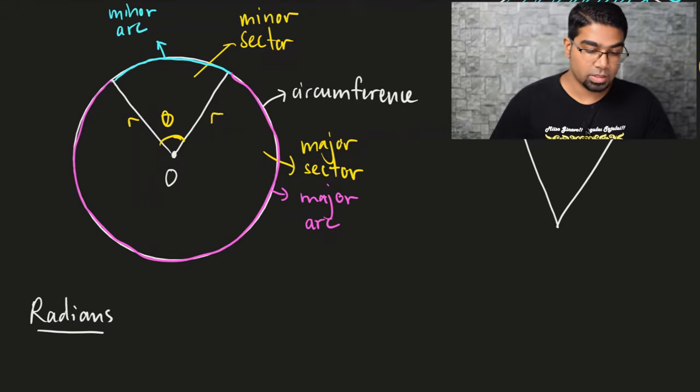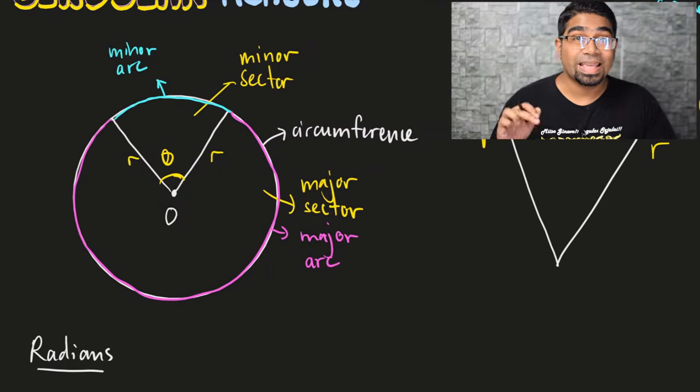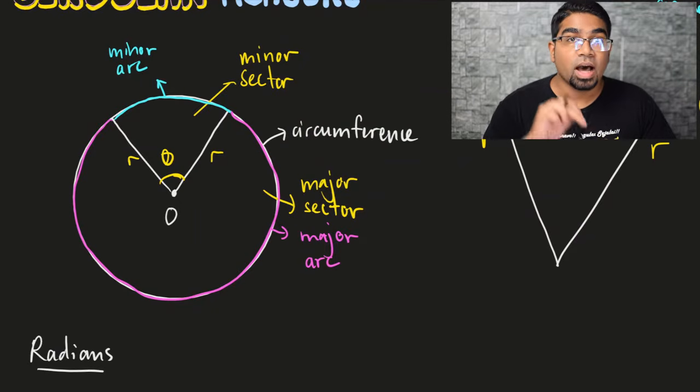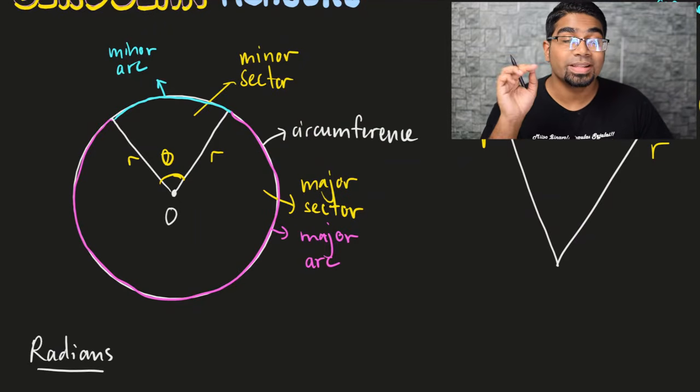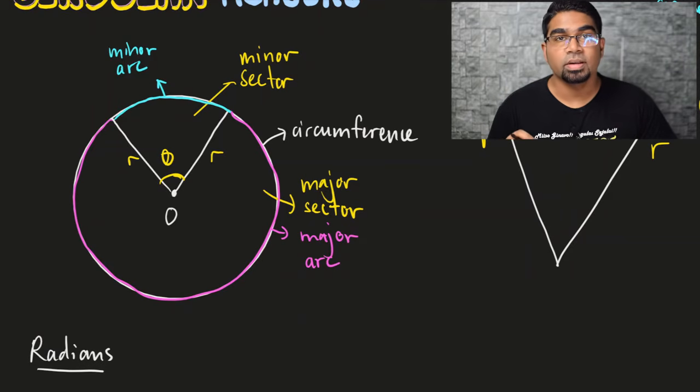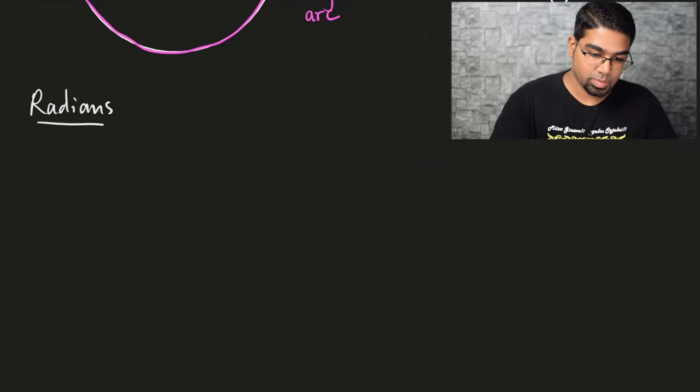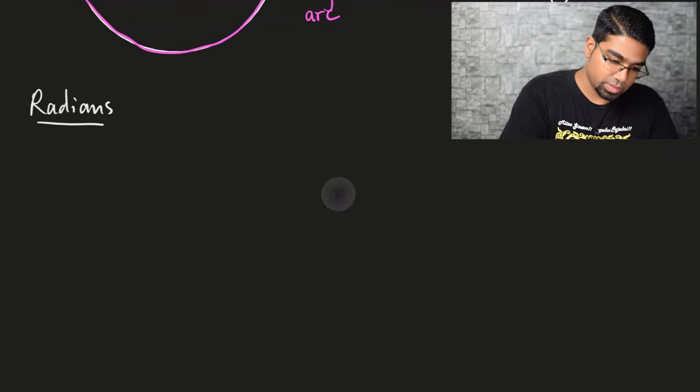Now this angle is known as 1 radian if the length of the arc, so we are looking at the minor arc, when the length of arc is the same value as the radius, then the angle is 1 radian. Now don't get confused, let me just draw this out for you. So let's draw another sector here.